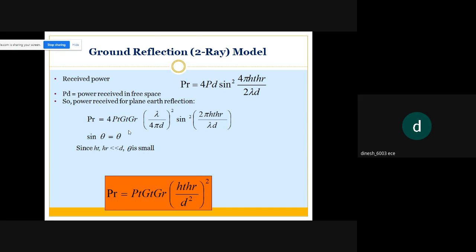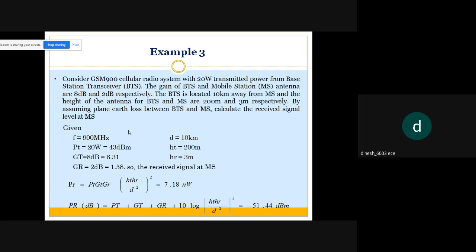The distance between the transmitting and receiving antenna will be very much higher as compared to the antenna heights. So theta will become small, and we can write the equation as PR is equal to PT GT GR into HT HR divided by D square, the whole square. This is the formula for the two-ray reflection model.